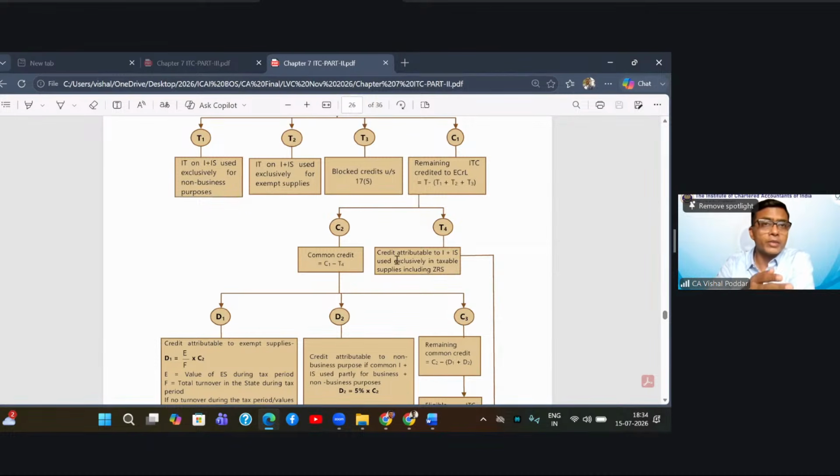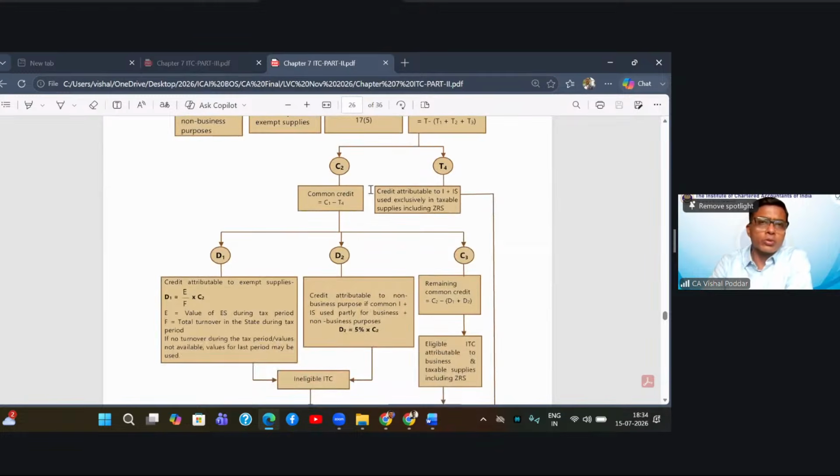In fact, that is why it has to be subtracted, because we are now going to do the calculation of proportionate. This is fully eligible for ITC because T4 represents your inward supply for taxable outward supply. Since it is for taxable outward supply, these supplies are in toto eligible for ITC. So why do proportionate? So for the time being, subtracted.